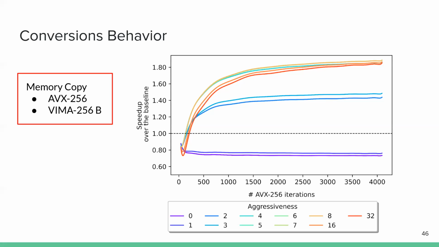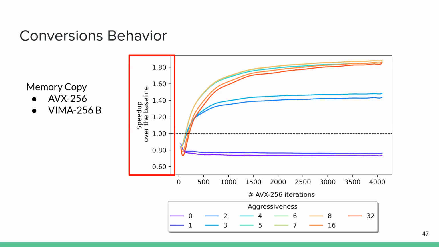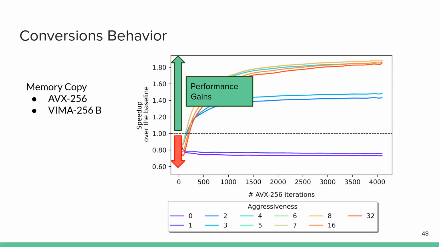The first result shows the conversion speedup obtained by Sapive over the memory copy algorithm compiled with AVX 256 instructions and converted into Vima 256 bytes instructions. In the vertical axis, we have the Sapive speedup over the baseline, that is the memory copy usual CPU execution.